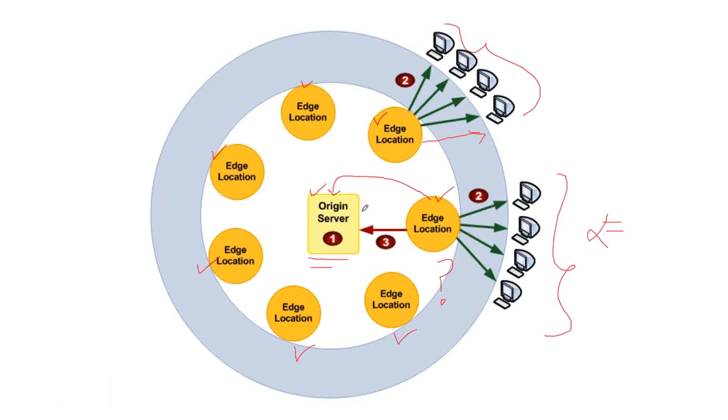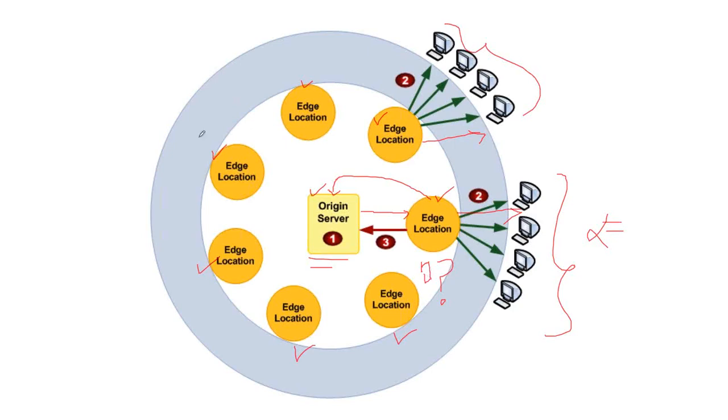The origin server will give the data to the edge location, and the edge location will stream the data directly to the users. In the meantime, the edge location will save the copy of the content in its cache memory, so that in the future, if any user asks for the same content, the edge location can very well present the content to the user without contacting the origin server again.